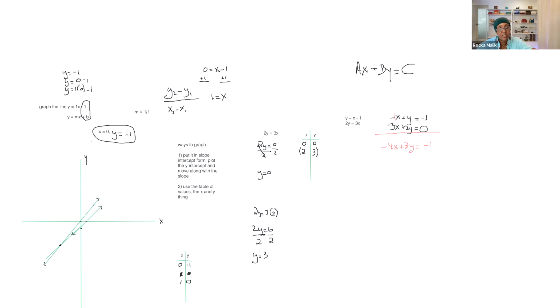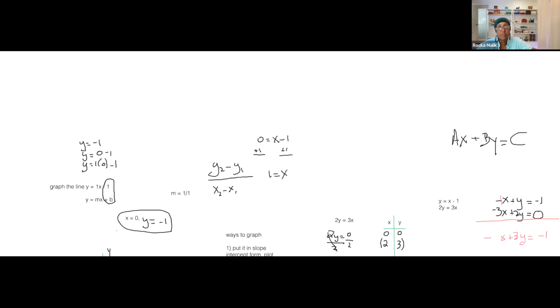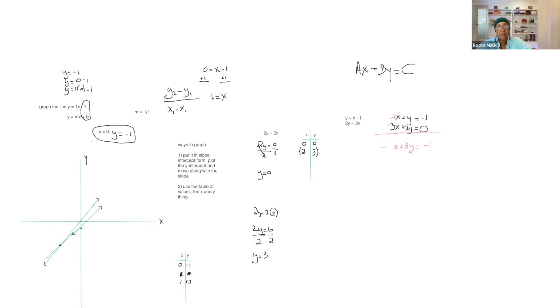So I'm gonna erase this red stuff. And I'm gonna see, I want to get rid of the y's.